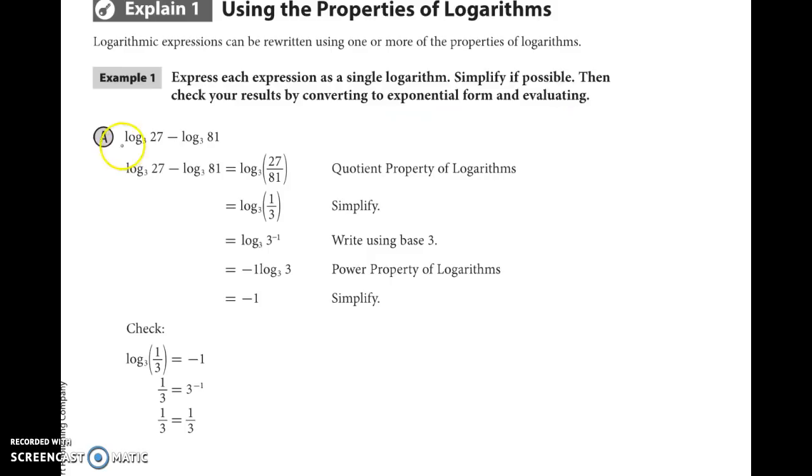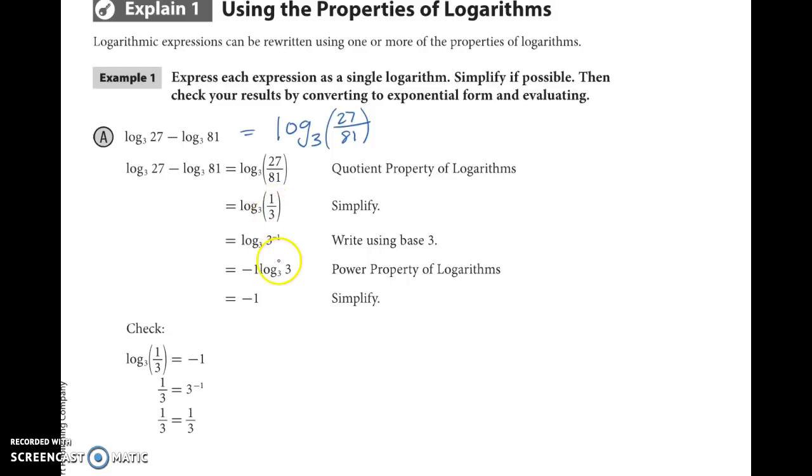So if we look at this, we have a subtraction, and if we remember the properties that I went over with you, subtraction is division. So I'm going to rewrite this as log base 3 of 27 divided by 81. In fact, the book has that written for us right here. Then if we do some simplification, 27 goes into 81 3 times, so I get 1 over 3.